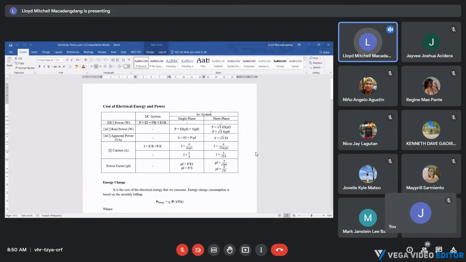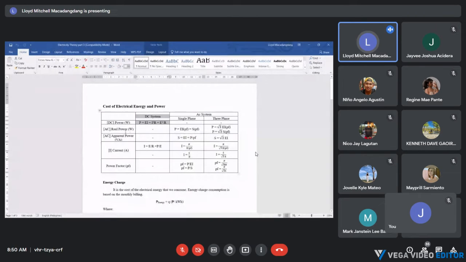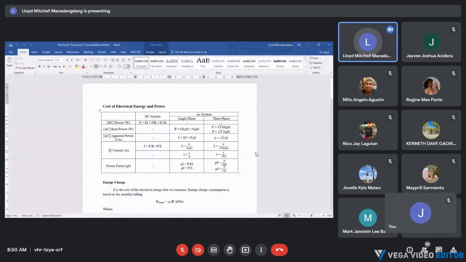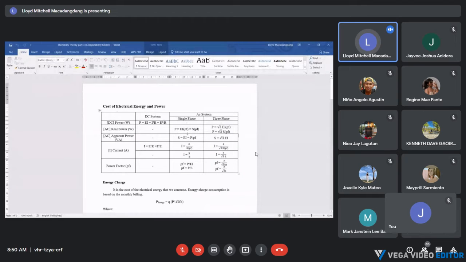So sa AC system, we have here single phase and three phase. So DC power ito. So walang DC power sa AC system. So yung DC lang yan. So yung real power naman, so pang AC lang yan. So yung real power kanina, na-discuss natin. Ito siya. For single phase, we have here yung dinescuss natin kanina. Then for three phase naman, may multiply lang sila with square root of 3.